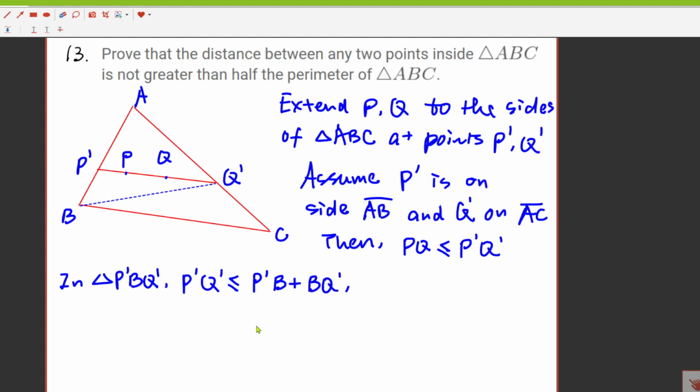And similarly, in triangle B Q prime C, we have BC plus Q prime C is greater than or equal to B Q prime, right?